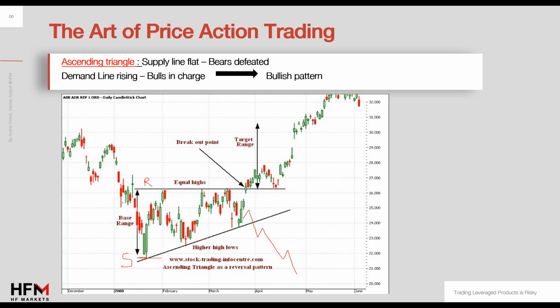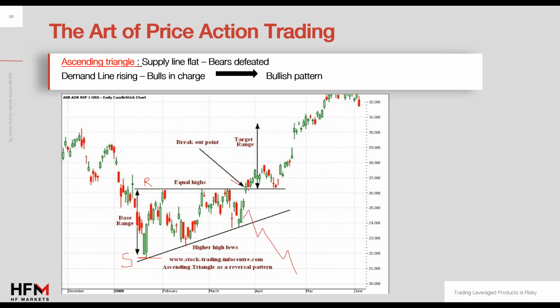So this is what we're having over here. Supply, which is our resistance, is in a flat line, and support, which is the demand, is in a rising, ascending line. Over here, in this stock example, we can see that it managed to close above the resistance line.